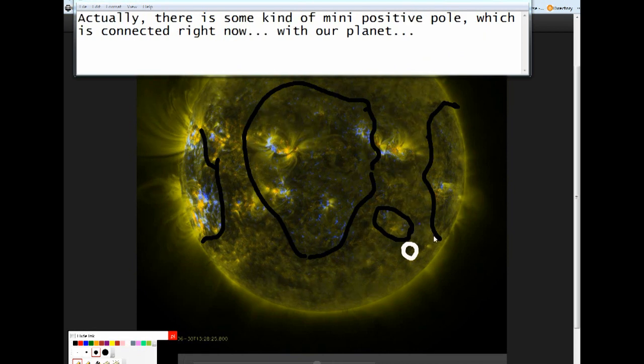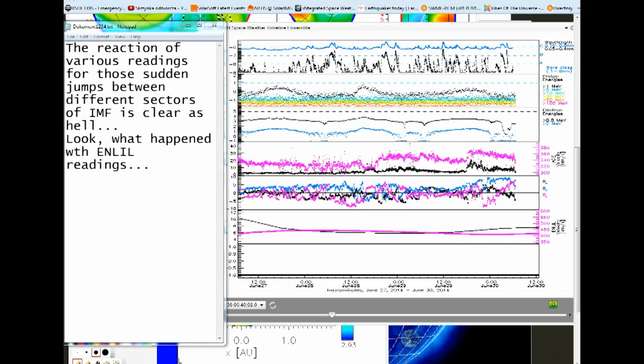Actually, there is some kind of mini positive pole, which is connected right now with our planet. The reaction of various readings to those sudden jumps between different sectors of the IMF is clear as hell. Look at what happened with the Enlil readings.